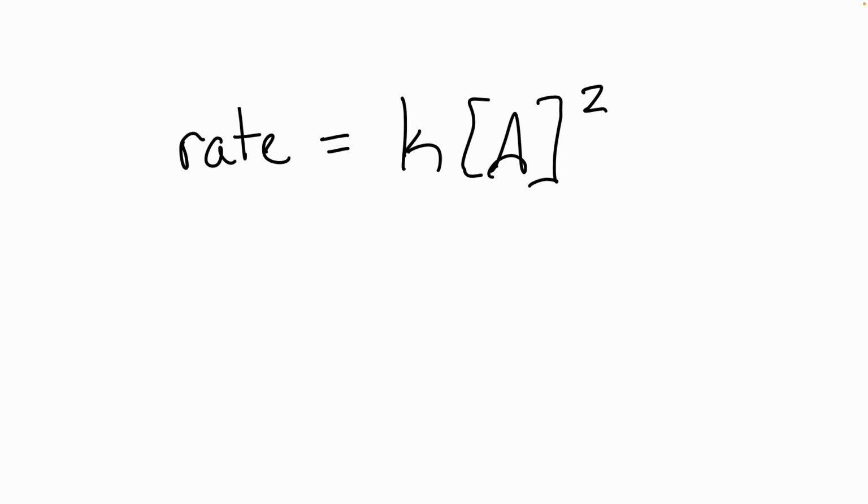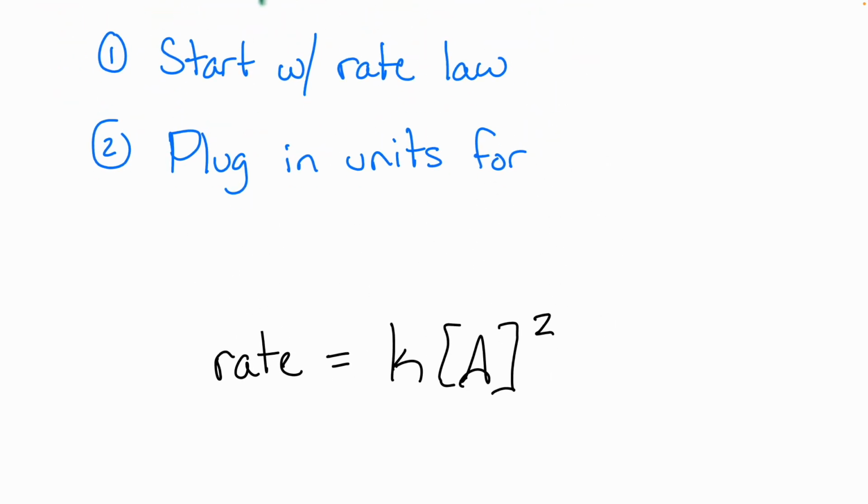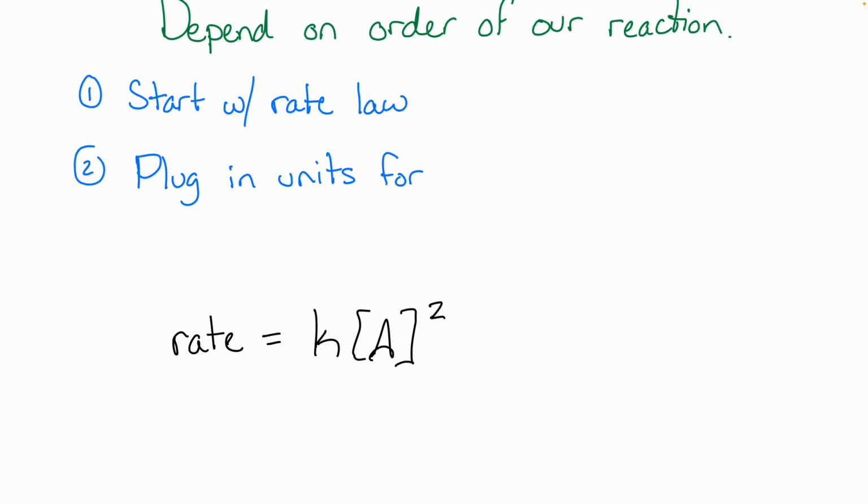Concentration will be in units of? Molarity, yep. And what is the other one that we know the units of? The rate as well, right? We always know that our rate is going to be in units of molar per second. So that's what we're going to do. We're going to plug in our units for rate, which is again that molar per second, and concentration, which was molar.